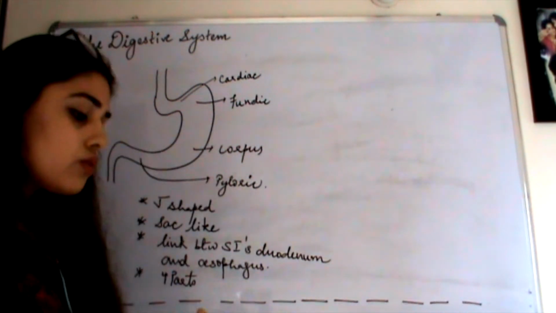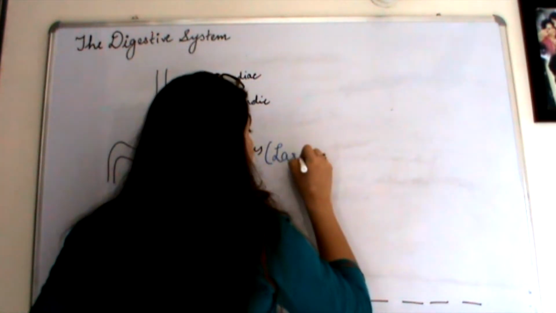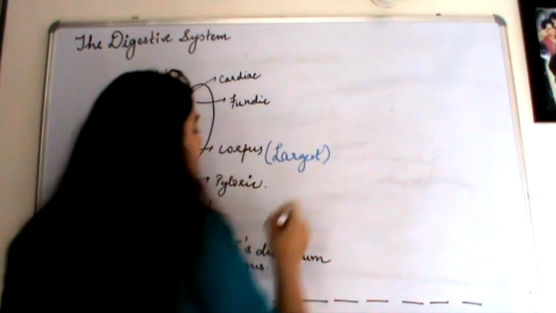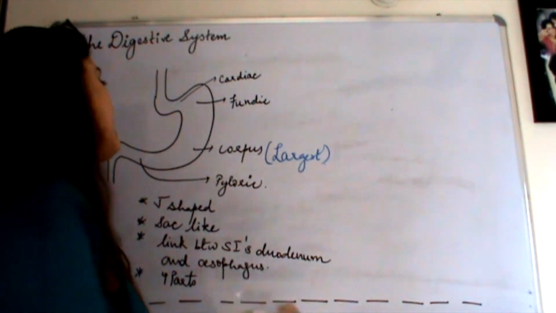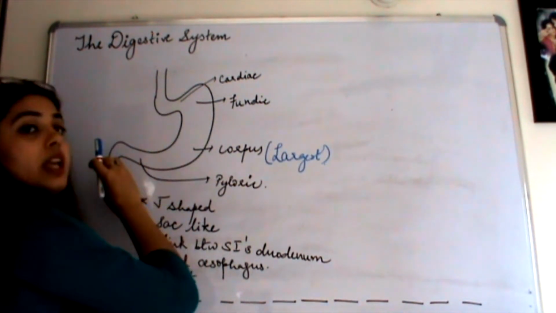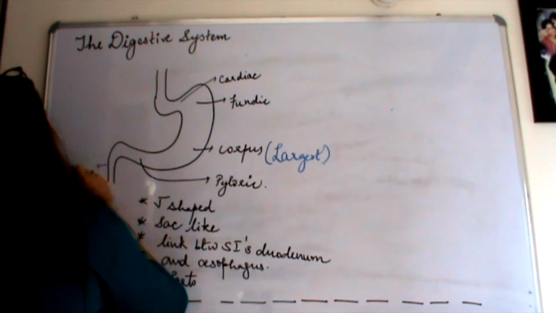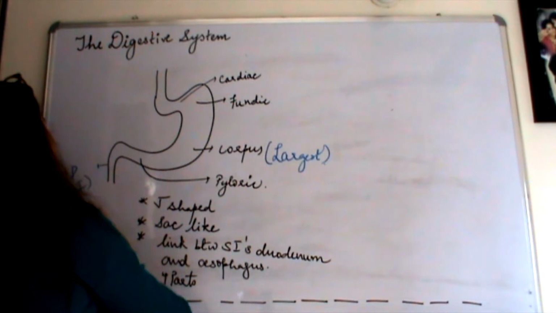The corpus is known as the largest part of the stomach. Next is the pyloric. The pyloric holds the food when it has to move to the next section, and that is the duodenum. Duodenum is a part of the small intestine, right?